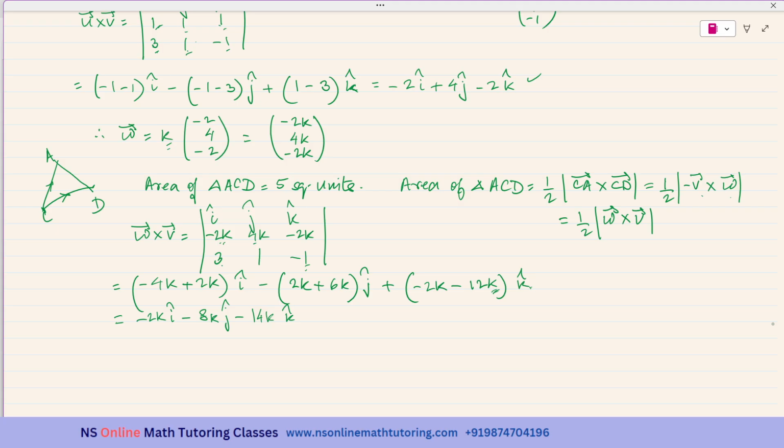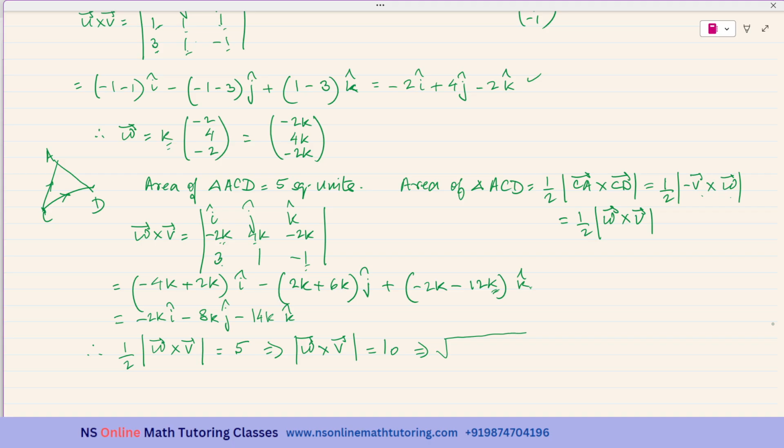And now we have to get the magnitude. Therefore, half times W cross V equal to 5, they have said. So this implies the magnitude of this W cross V vector should be equal to 10. And what is the magnitude of this vector?